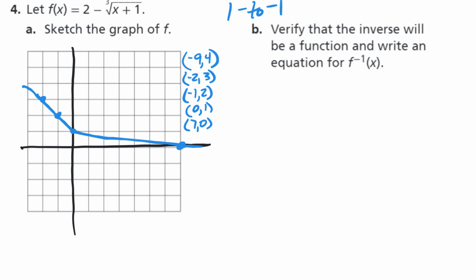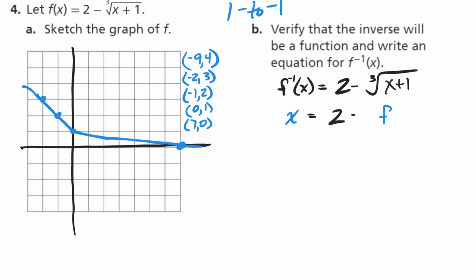Now, as far as writing this, we're going to set up our equation, which is 2 minus the cube root of x plus 1. But we are going to reverse the x and the f and then solve for f again, which is what we did yesterday.